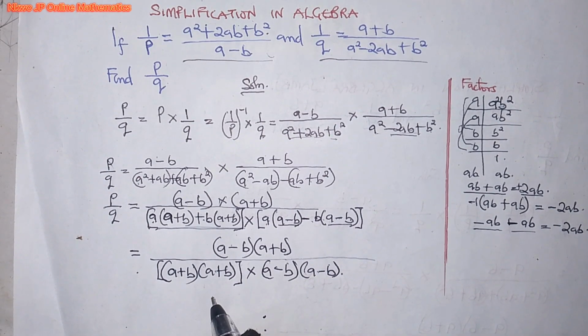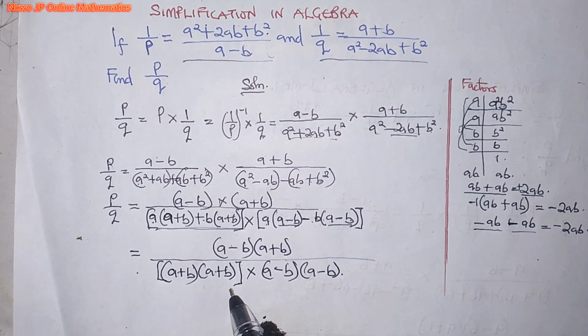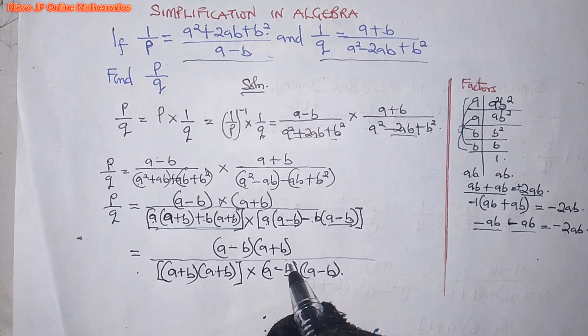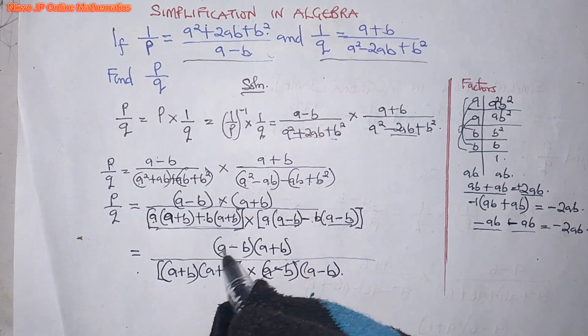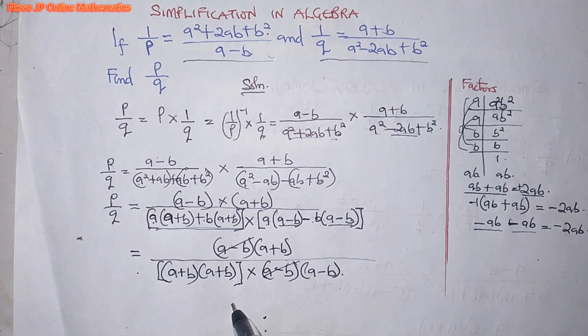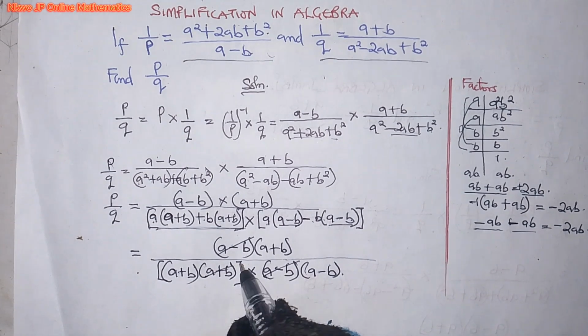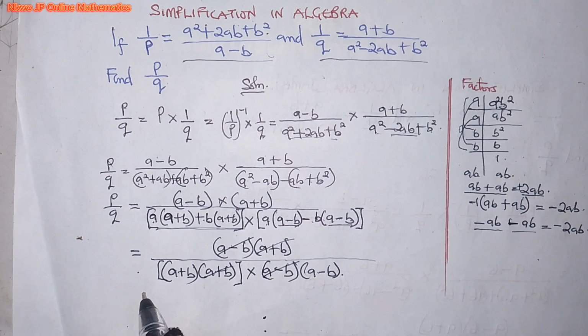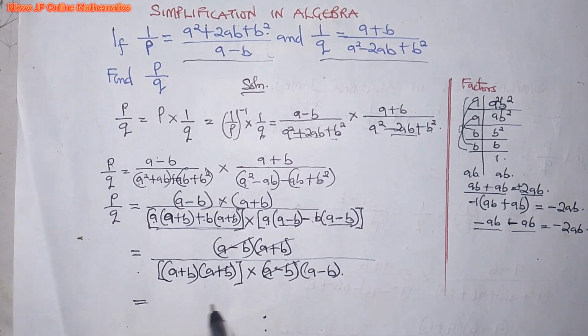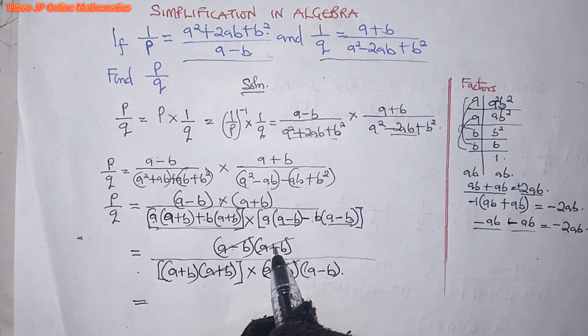So we now see that there is a common factor at the numerator and the denominator, that is a minus b is the same at the numerator and the denominator, so it can cancel out, as well as a plus b, which is common to the numerator and the denominator, which can cancel out. So we are left with this, and these are gone.